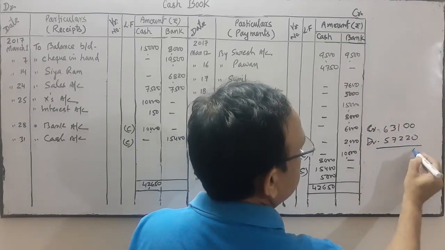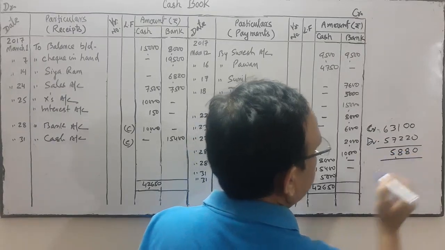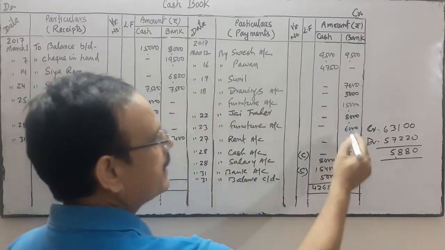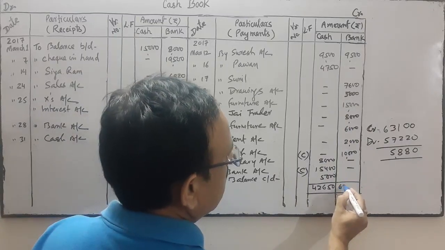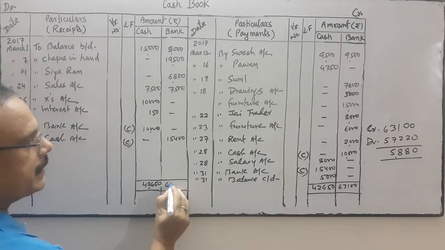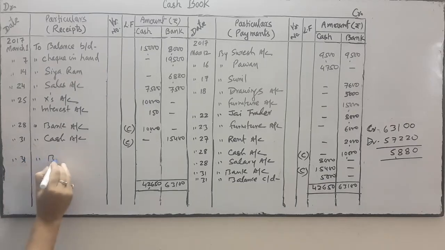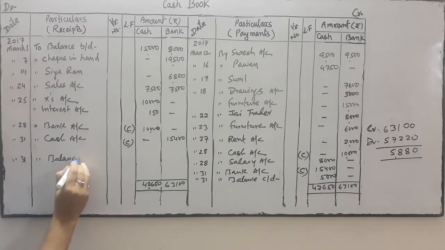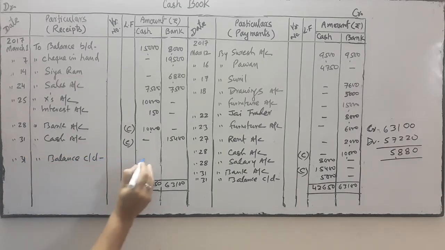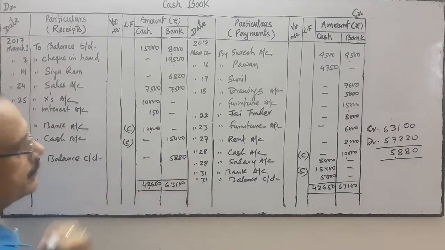So the difference is 5,880. This side total is more, 63,100. So to balance, balance carried down 5,880.